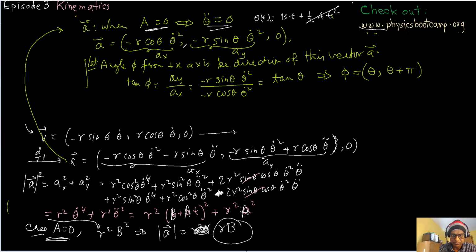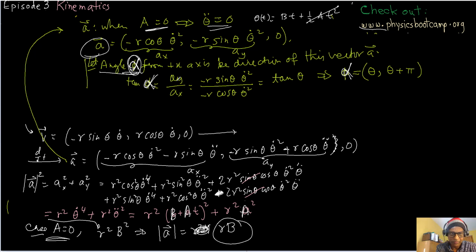Now I used angle theta, so I can't use theta for denoting another angle, right? So I'm going to use phi just to denote the direction of this vector. Maybe say alpha to denote this vector, because I use phi for the velocity.